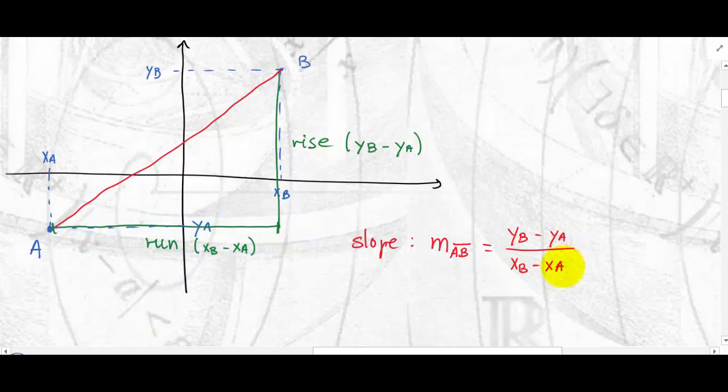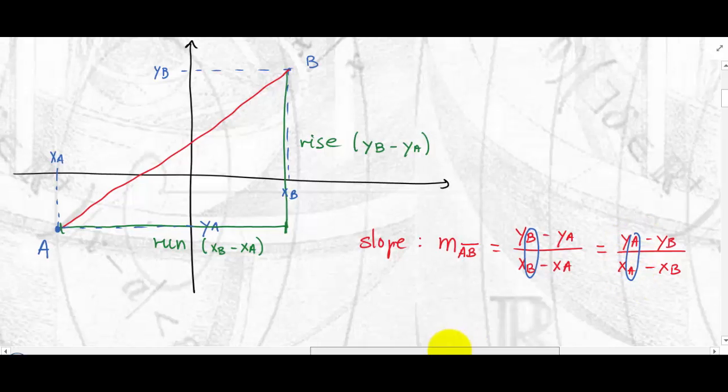Now, you could also multiply the numerator and the denominator of this fraction by -1. Therefore, you would have (y_A minus y_B) over (x_A minus x_B). What really matters in this formula is that you start with the same point at the denominator and the numerator, okay? That's all. So this is a very old concept.